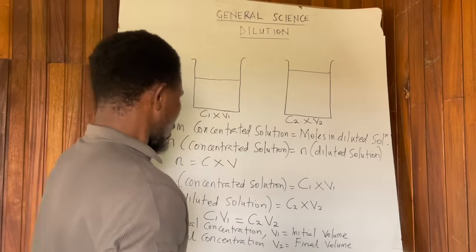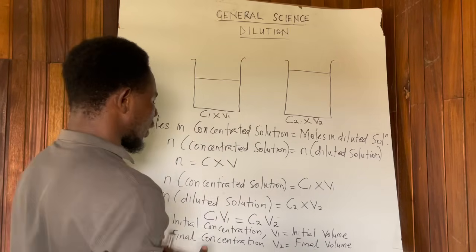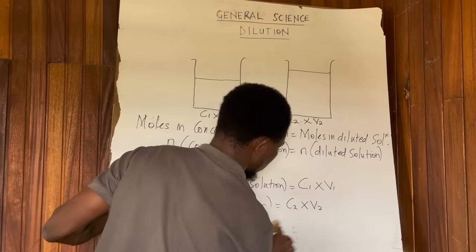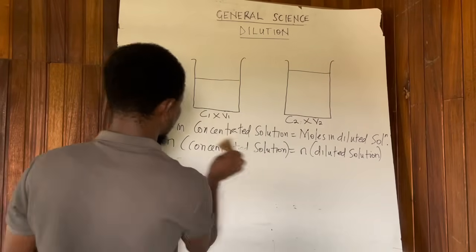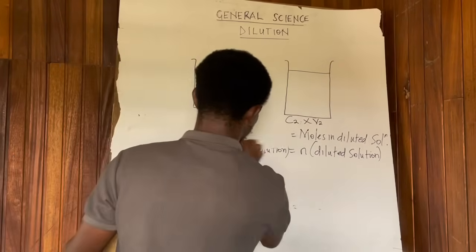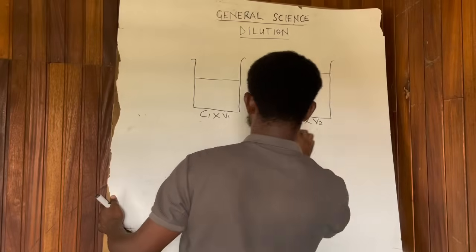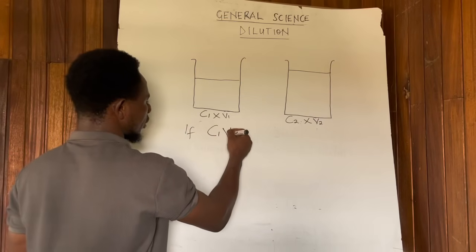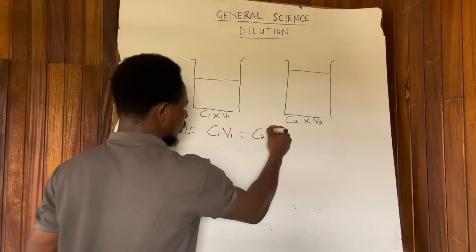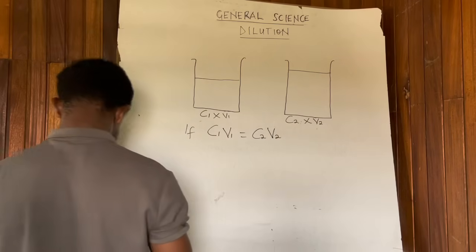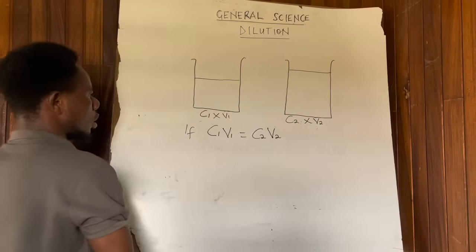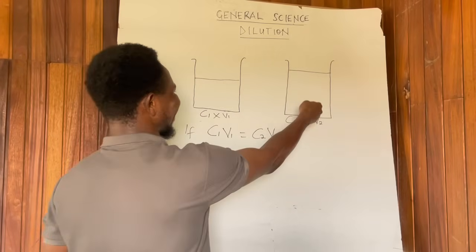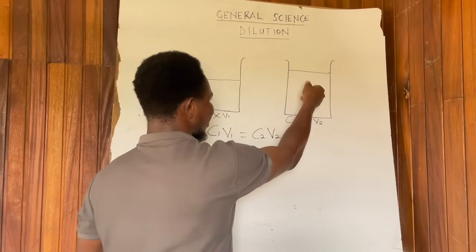Now, if C1V1 is equal to C2V2. Now, don't forget, it was distilled water we added to this, then we had this.